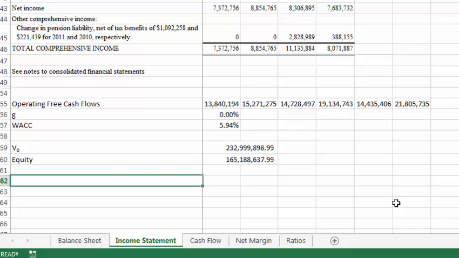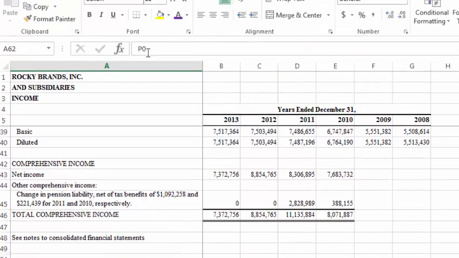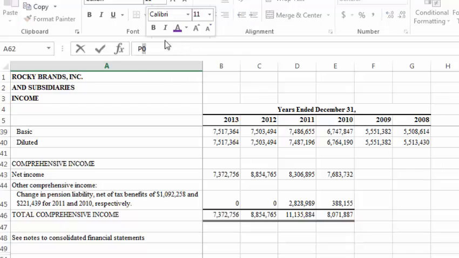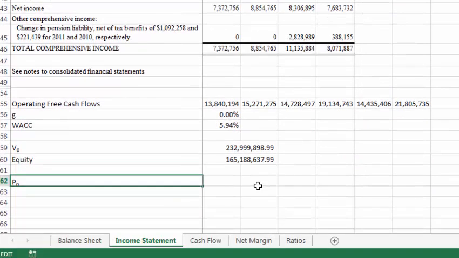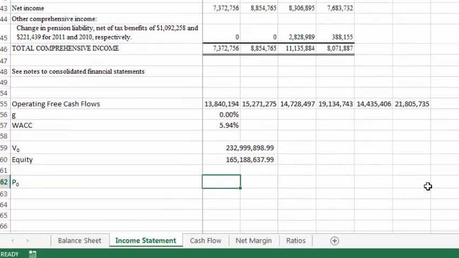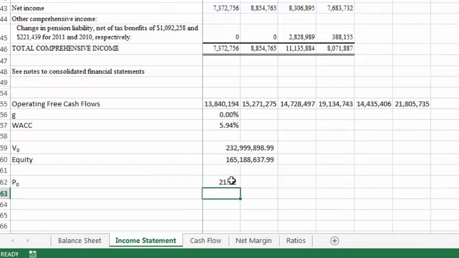Then I'm going to say, so how much is that per share? Now, price per share is going to be equal to my equity divided by the number of shares outstanding at the end of the year, and I get 2192.